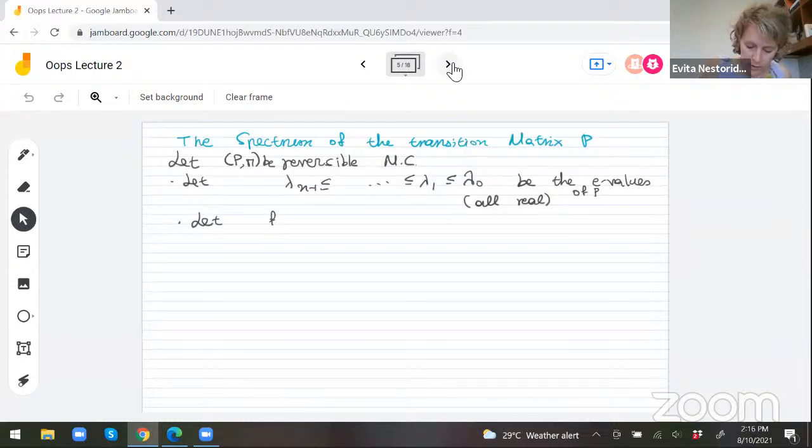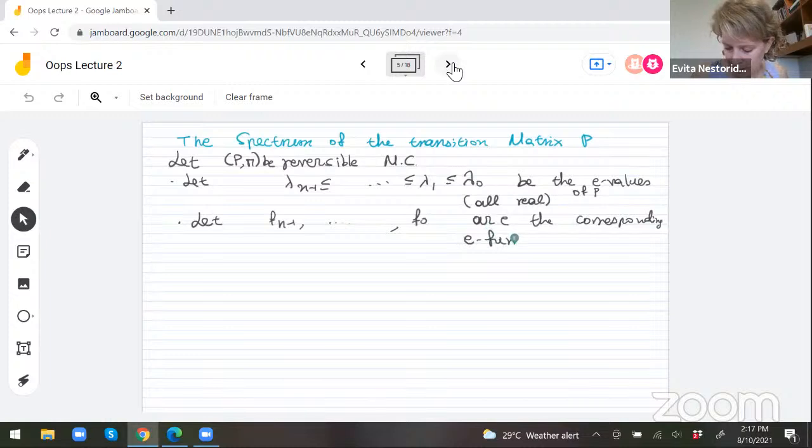And the corresponding eigenfunctions will be f0 through f(n-1).